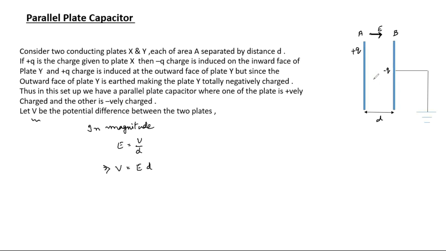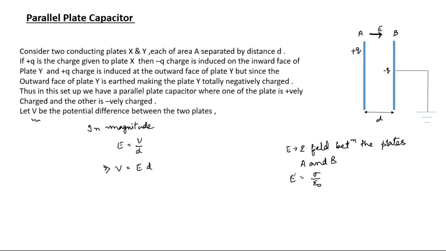Now we have studied in chapter 1 that when you use two metallic plates and provide them two opposite charges, then the electric field E between the plates A and B is nothing but sigma by epsilon naught.